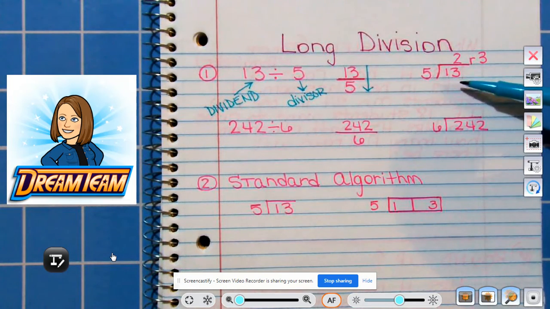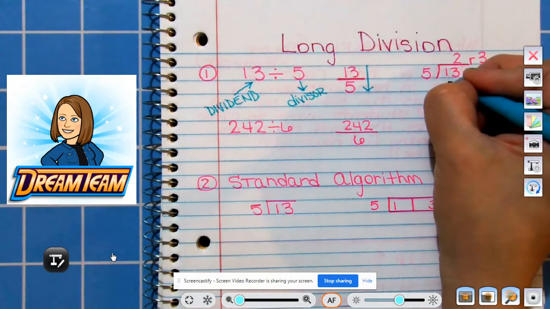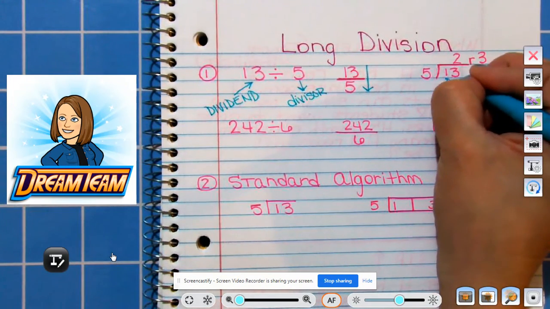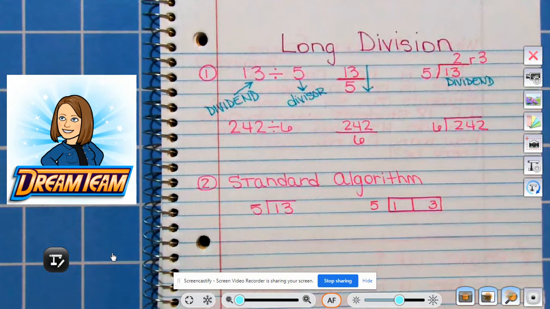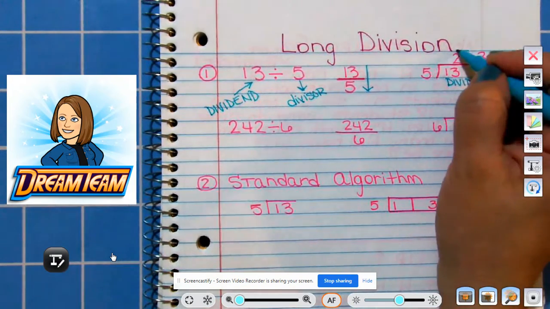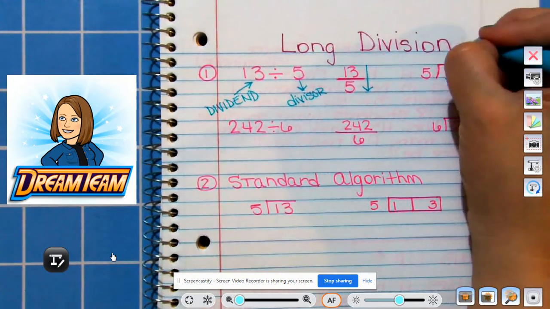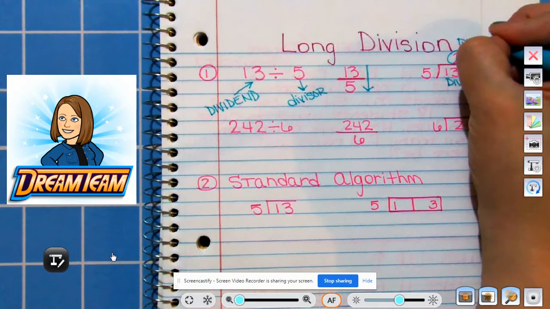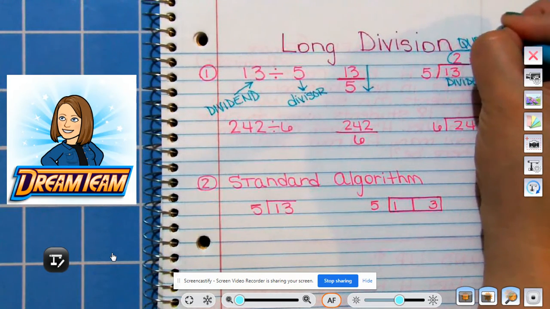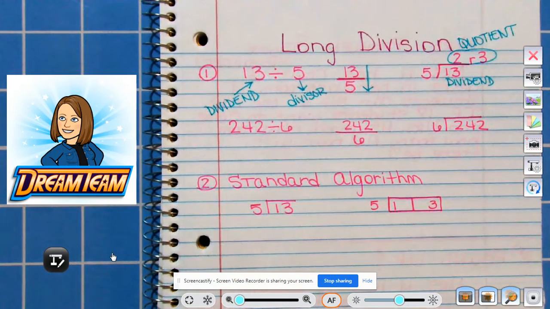And then written out this way, the number under the house is the dividend, and you are dividing by the divisor. Your answer to a division problem is the quotient. The answer is the quotient.